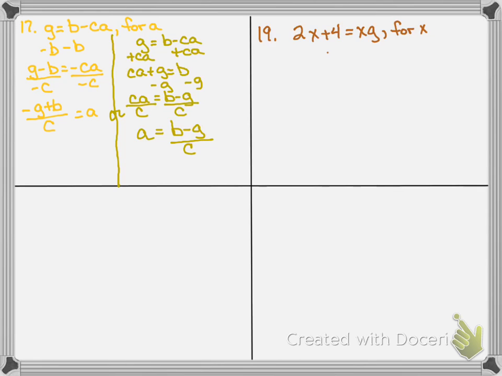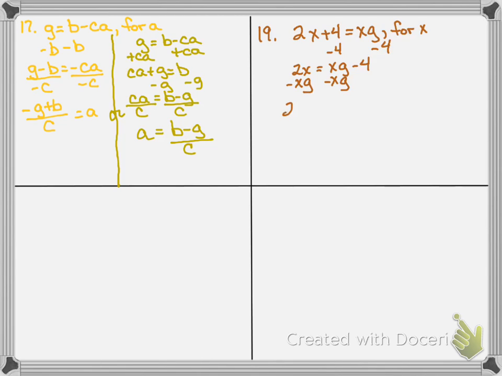We're going to start by subtracting 4 from both sides. That gives me 2x is equal to xg minus 4. I'm going to subtract xg from both sides.